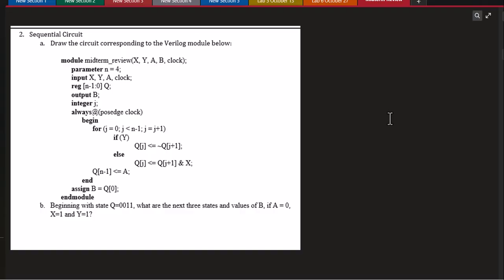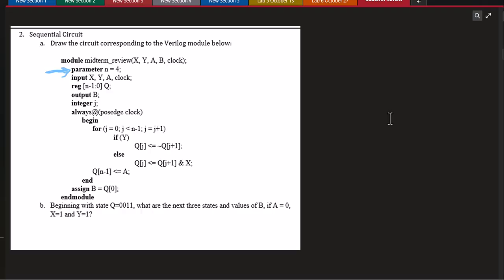First of all, when you see a Q in there, that means you're probably going to have flip-flops, and it's probably going to be a register, especially when you see a for loop. You can have an idea as to how many flip-flops you're going to have by looking at the parameter. That's likely going to tell you how many. Can't guarantee it, but it probably is.